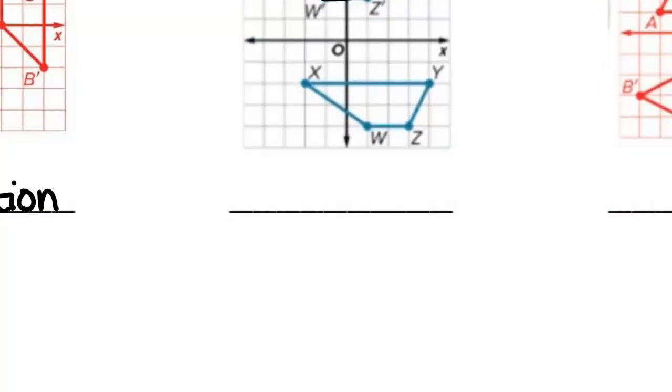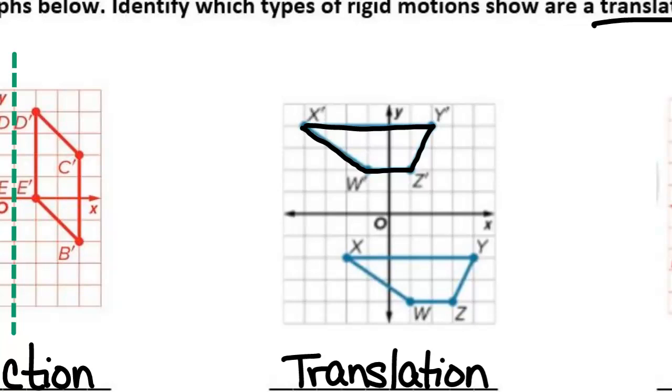I'm using my virtual tracing paper. This particular translation is going to the left and up, but translations are allowed to do that. So it ended up being like a diagonal translation. That's okay, as long as I don't twist it, as long as I don't flip it.